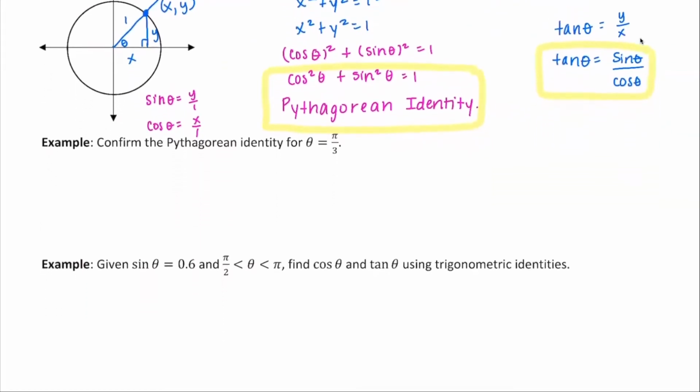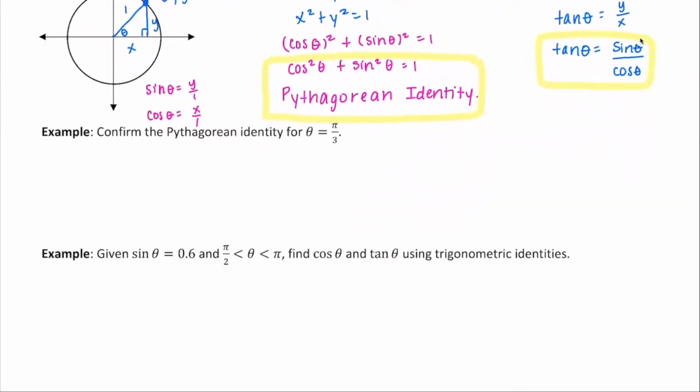It says confirm the Pythagorean identity for when theta equals pi over 3. So all we're doing right now is showing that this statement is true for a given angle. So we're just going to substitute in pi over 3. So we'd say cosine squared pi over 3 plus sine squared pi over 3, and we're going to show that equals 1.